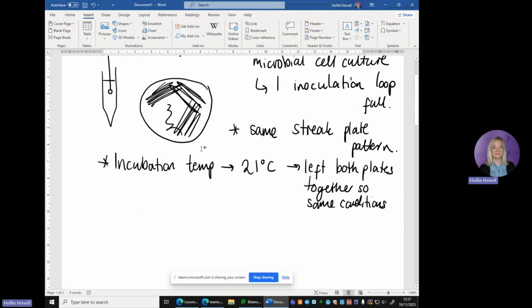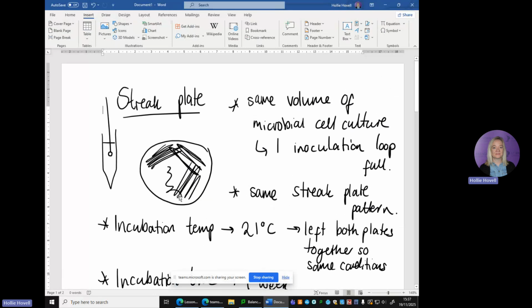And then the incubation time should have been kept consistent. So I don't know if you know how long it was. If not, just say 1 week. Yeah, I think that'll be fine for that one.